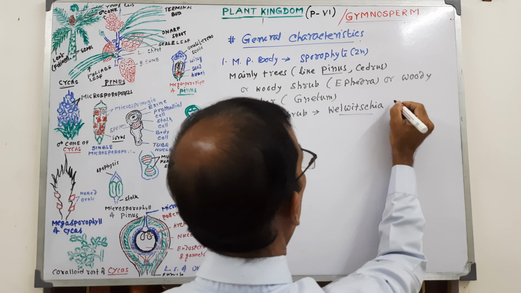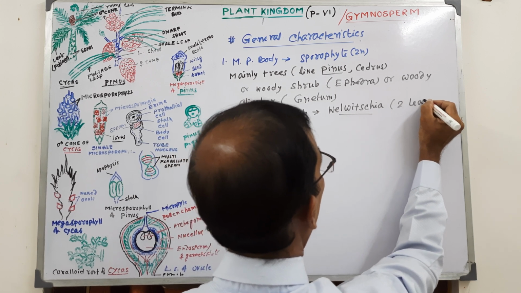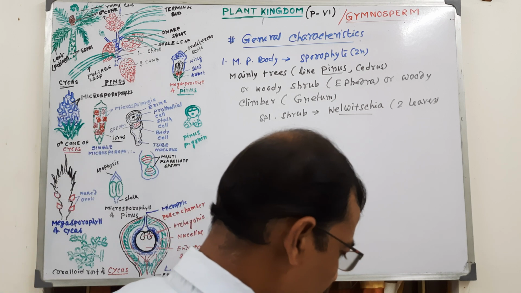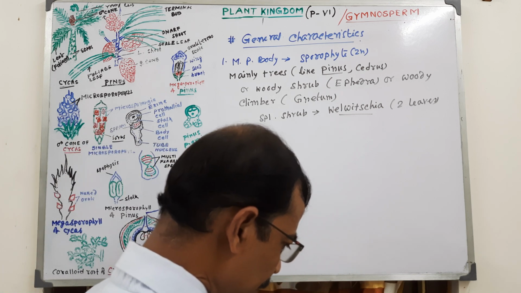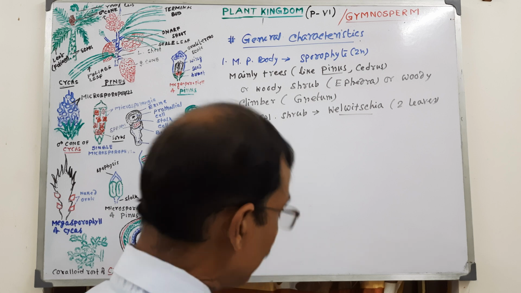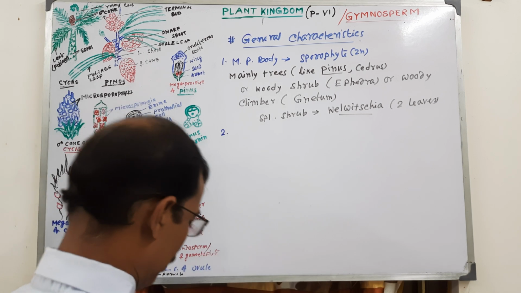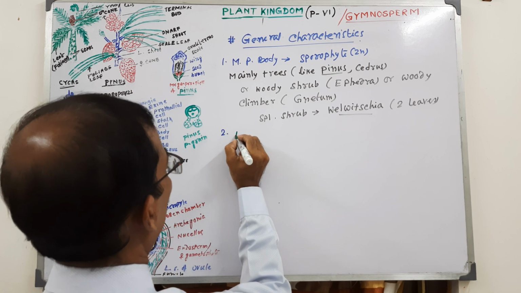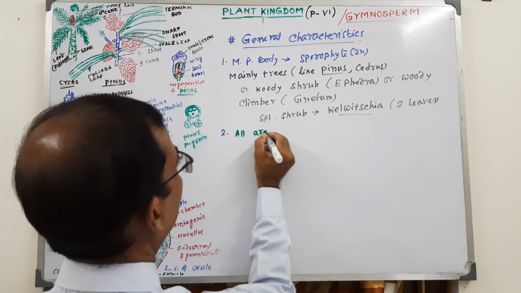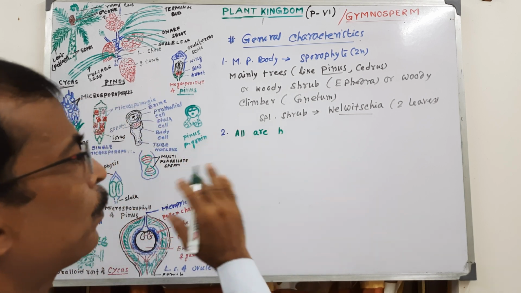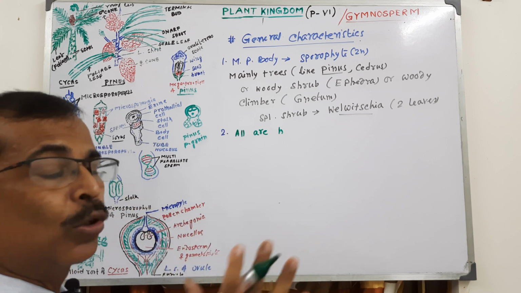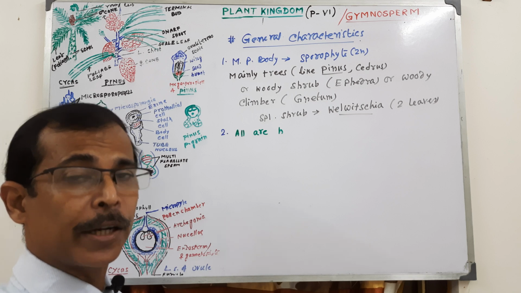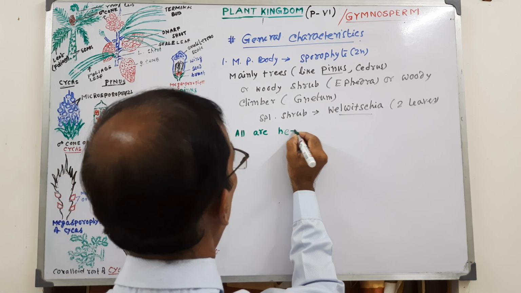Here only 2 leaves grow in the whole year. Some are woody climbers, etc. Number 2, all are heterosporous and dioecious. In our previous class, in Pteridophyte, mostly homosporous and some are heterosporous, but here all are heterosporous.